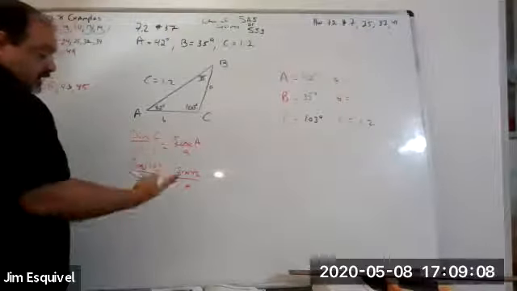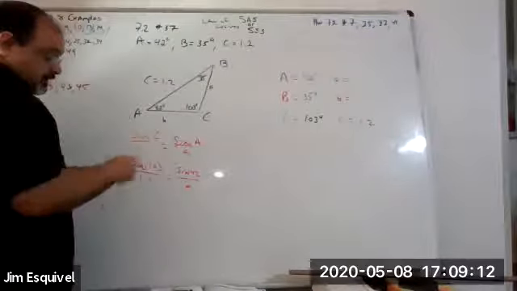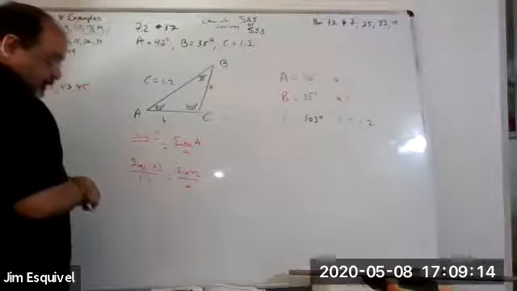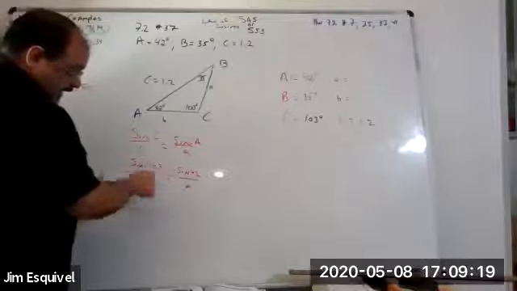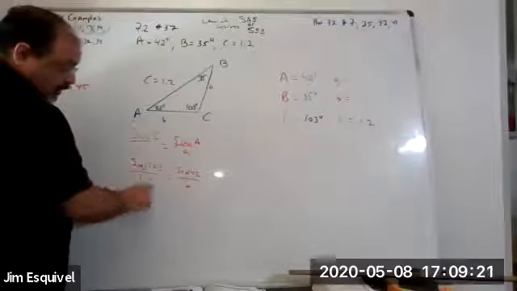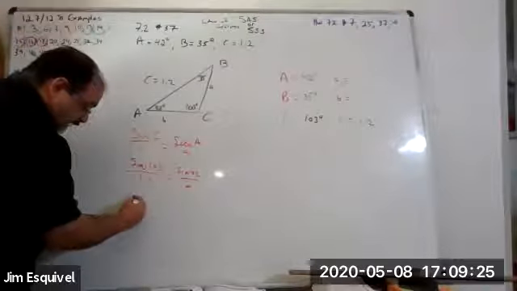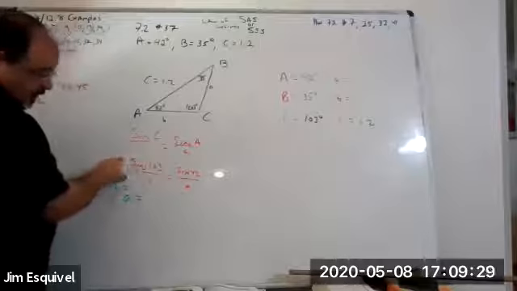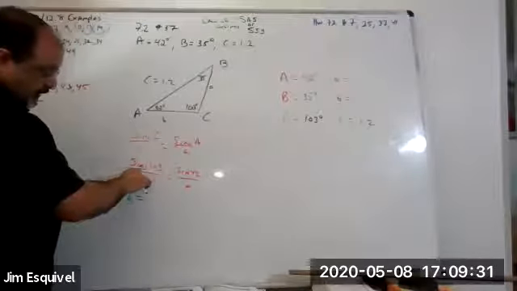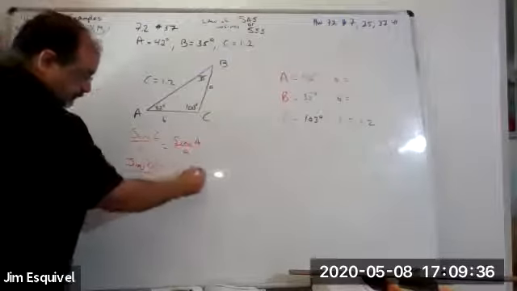As I showed you in the earlier lecture today, in the 204 lecture that'll be up online, you cross multiply, so it's going to be a times the sine of 103 equals 1.2 times the sine of 42. Since you're solving for a, you're now going to divide both sides by the sine of 103 degrees.